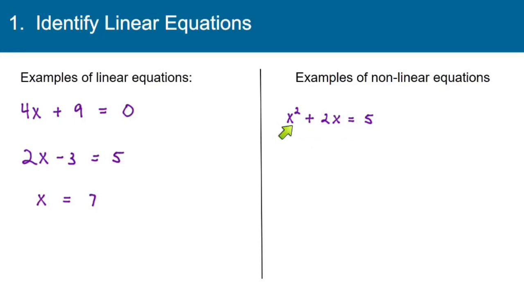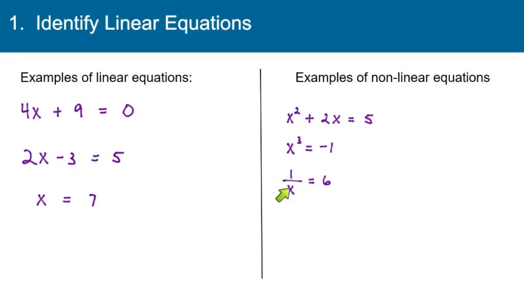The thing that keeps this from being a linear equation is that our variable has an exponent on it, and it's not a 1. So this being x squared excludes this from being a linear equation. Same thing here, we have x to the third equals negative 1. This variable is being raised to the third power, and therefore this is not considered a linear equation.